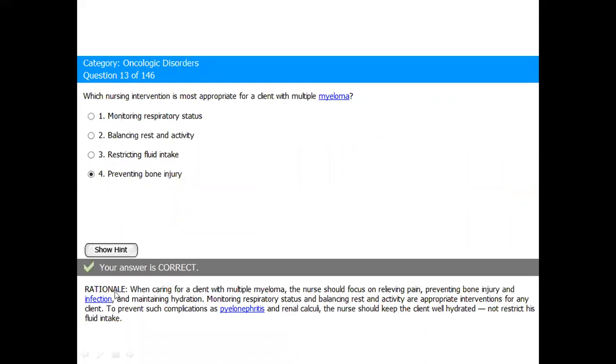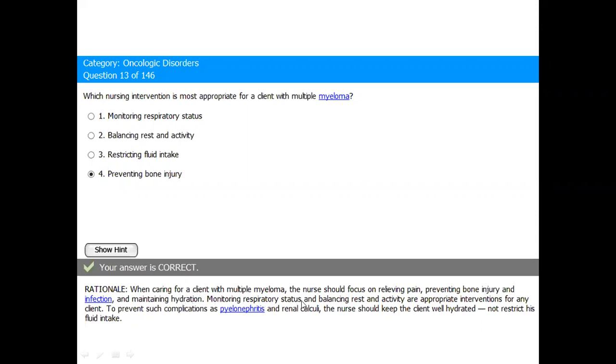And what is the rationale? When caring for a client with multiple myeloma, the nurse should focus on relieving the bone pain, preventing the bone injuries, preventing the infection, and maintaining the hydration.